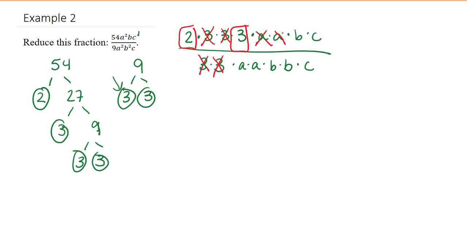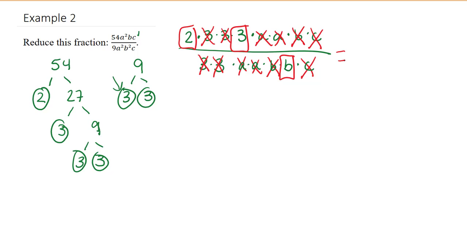So those just cross out, just like that. Notice then when we move on to the b's, we only have 1 b on the top, so we can only cross out 1 b on the bottom. Then we can cross out the c on the top and the c on the bottom. And so notice that we're left with the only variable, which is on the bottom, which is b.